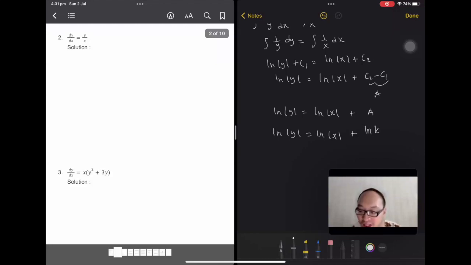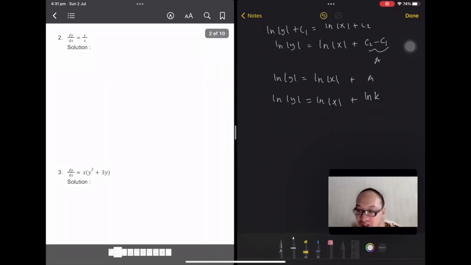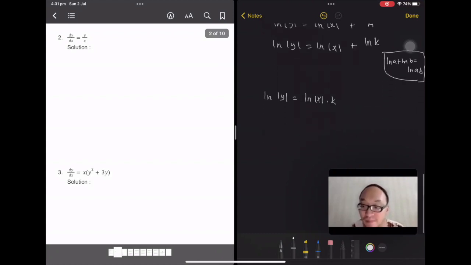Using the rule of logarithms, ln a plus ln b equals ln ab, we can combine: ln y equals ln of x times k, which simplifies to ln kx.